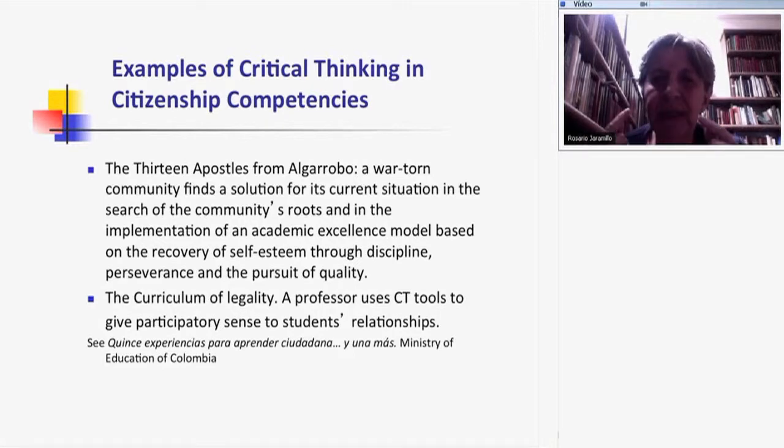And Cecilia Maria Vélez, the minister who at first was saying, this is not what needs to be done at the ministry, because the ministry needs to give guidance and not create as if we were a kind of university creating programs.